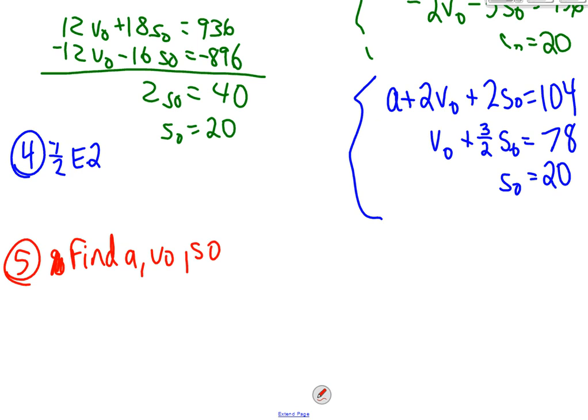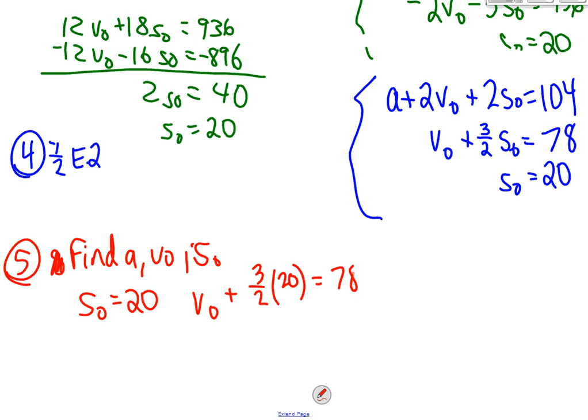So S sub 0 is 20. And V sub 0 plus 3/2 times 20 equals 78. Well, let's see, V sub 0 plus, what's that? 30 equals 78. So what's V sub 0?